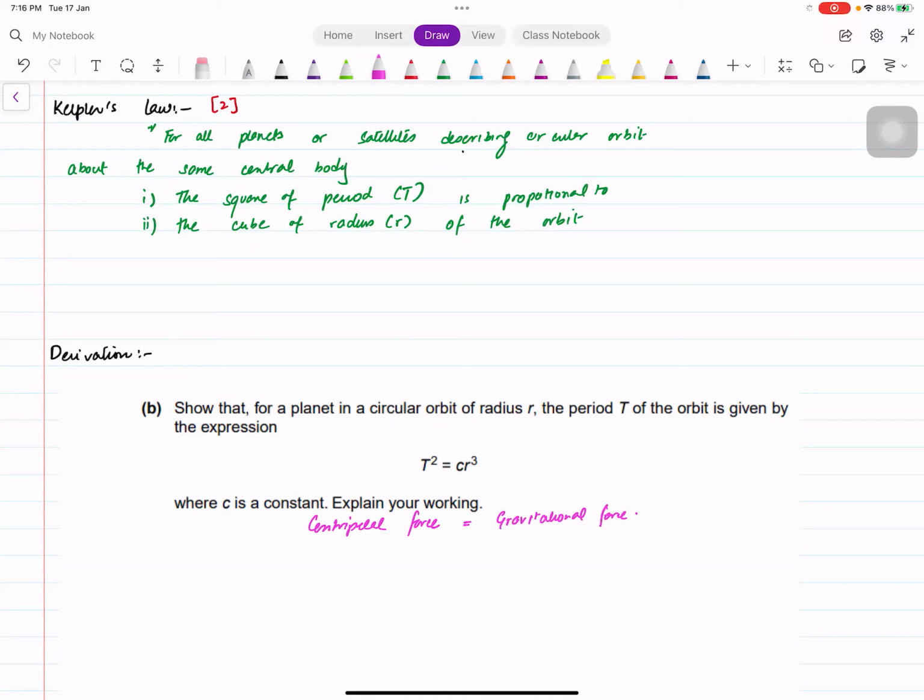So the centripetal force is given by mr omega squared, and the gravitational force is given by GMm over r squared, right? Now, the small m's just cancel out, and then you can multiply r over this. So you get r cubed omega squared equals GM. All right, is that clear up till here?